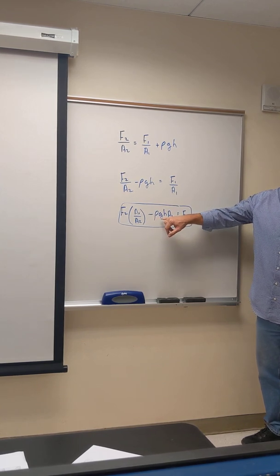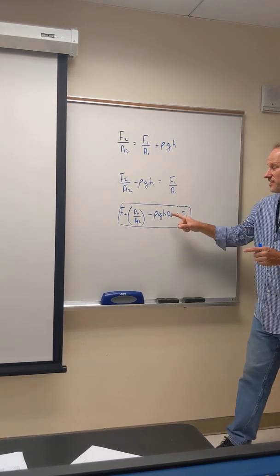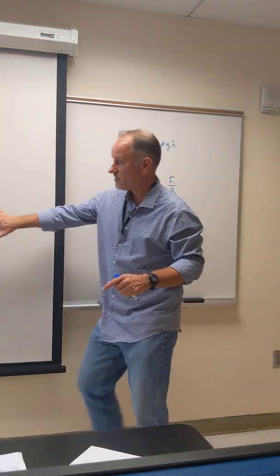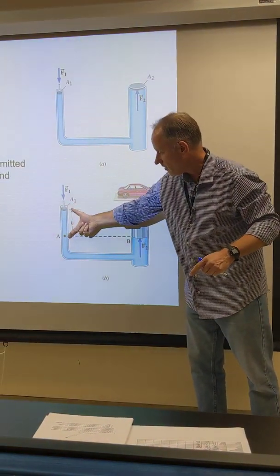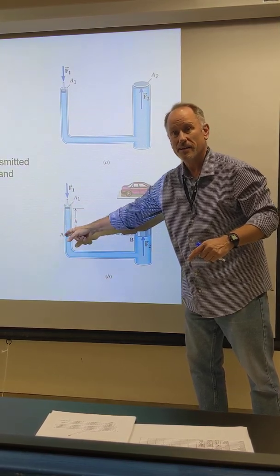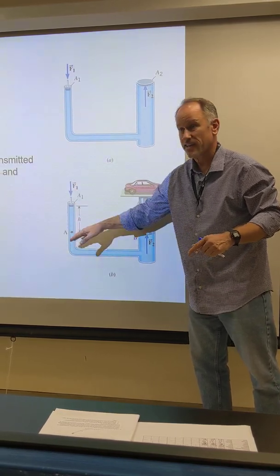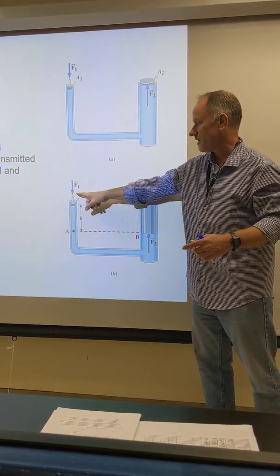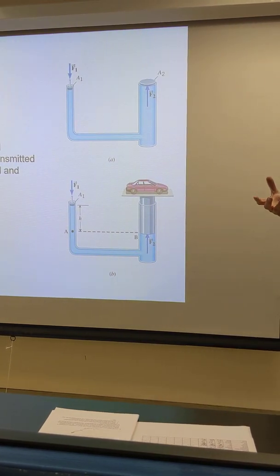And what is M times G? Weight. Okay? So what this is telling you is if you have this scenario, I can put in less force here because the weight of this liquid is helping me already by pushing down. This height and weight of this liquid is pushing down already, so I can put in that much less force to get the same lift on my vehicle.